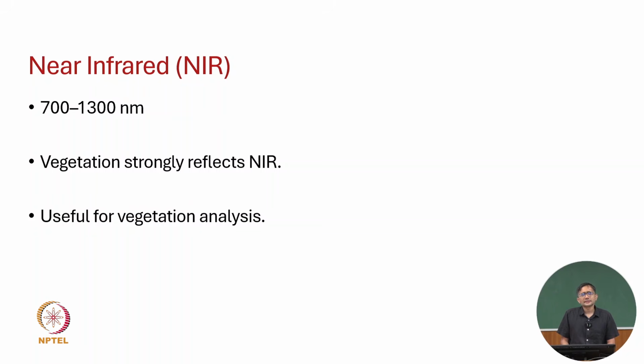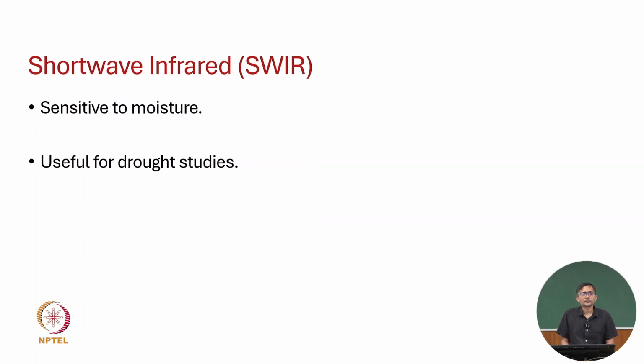NIR is particularly useful for vegetation analysis. Similarly, we have short wave infrared. This is sensitive to moisture and is useful for drought studies. There are other applications as well. We'll come to that in the context of specific sensors.